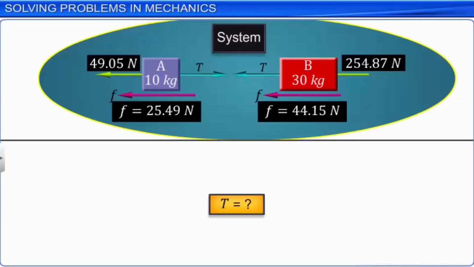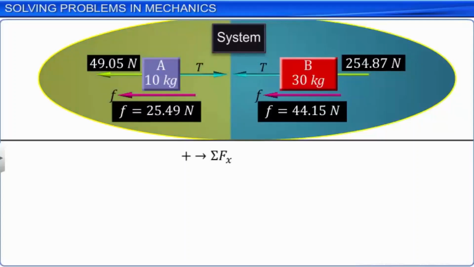Let's consider the net force on body A along x direction, which is equal to the product of the mass of body A and its acceleration. Substituting the values and solving, we get the tension in the rope T as 108.54 newtons.